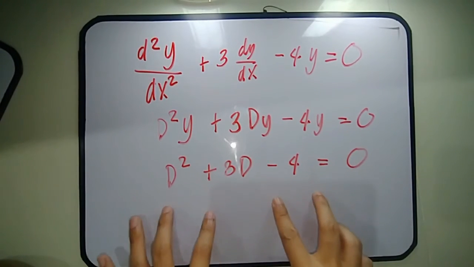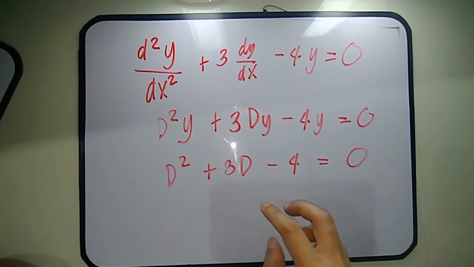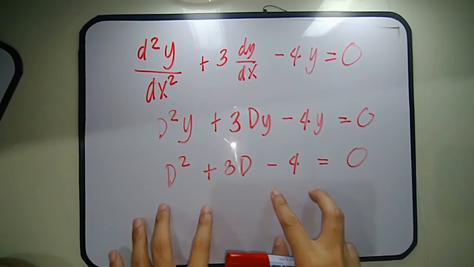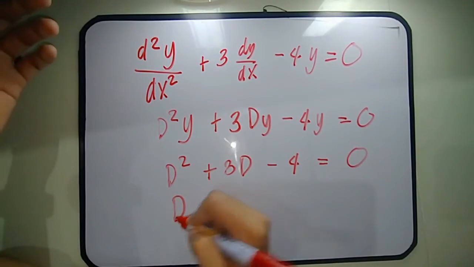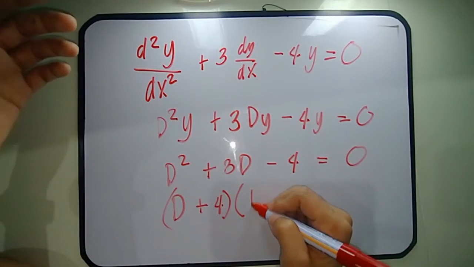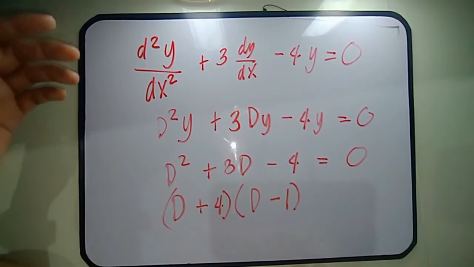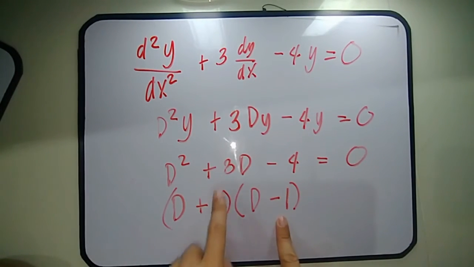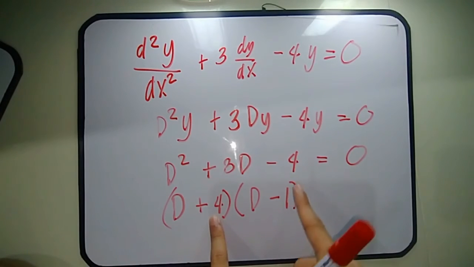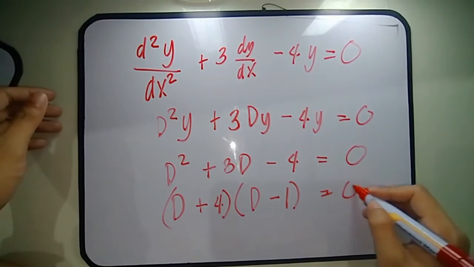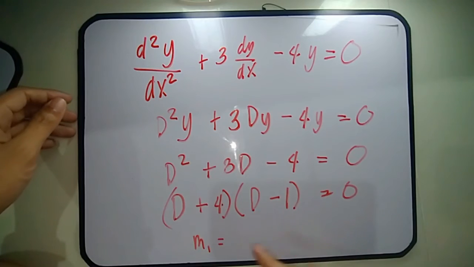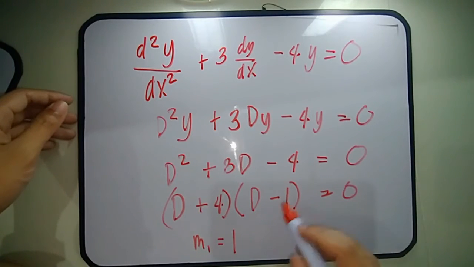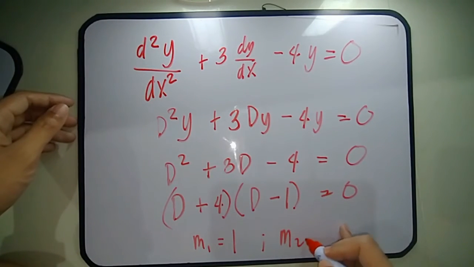So quadratic, let's find the roots. You can use the quadratic formula, but by inspection we can say that the factor is d plus 4 times d minus 1. So we have here 4 minus 1, so 3, and 4 times negative 1, so negative 4, equals 0. Therefore, the roots: m1 is 1, and transposing to the other side, m2 is negative 4.